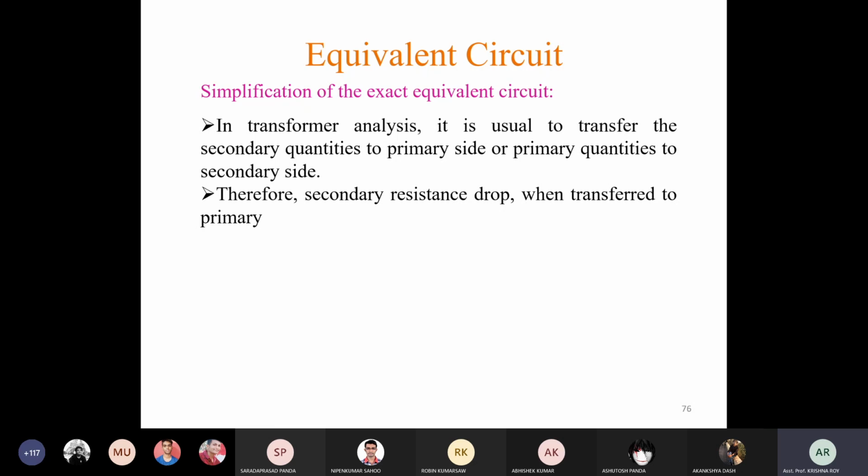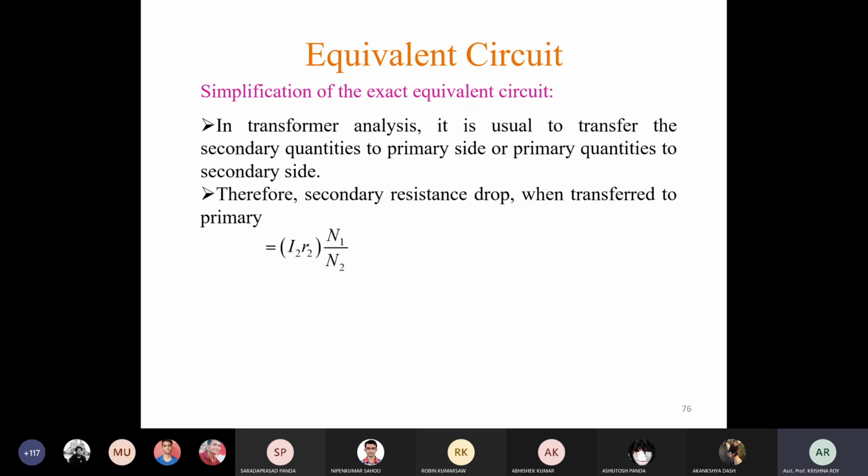So we know the equation by which we can transfer any resistance or reactance or impedance from one side to the other side. Here see the secondary resistance drop I2 R2, that is transferred to the primary side. This I2 R2 is a voltage drop, obviously of the secondary side winding, and we know that voltages are transferred using the direct ratio N1 by N2.